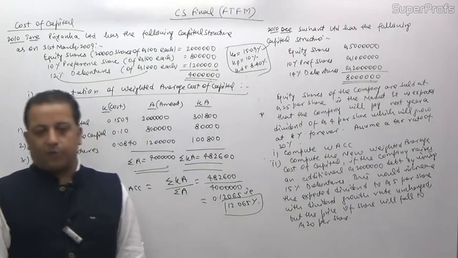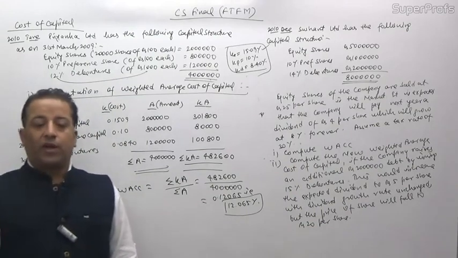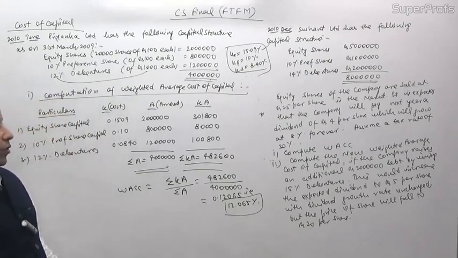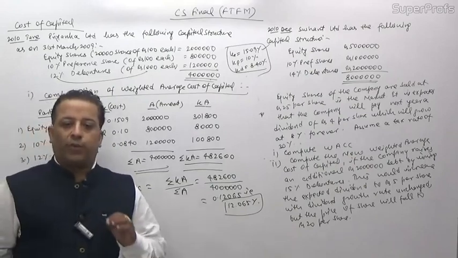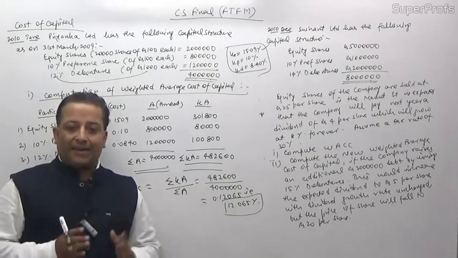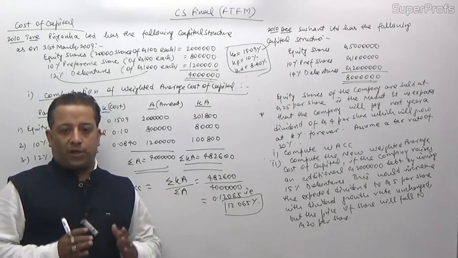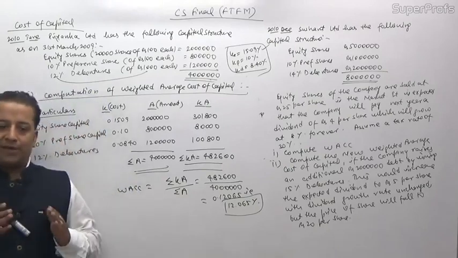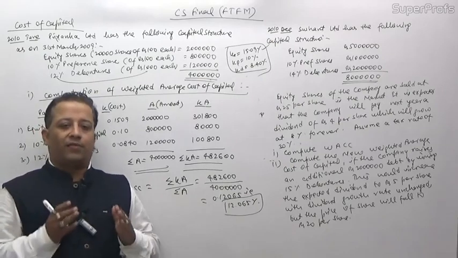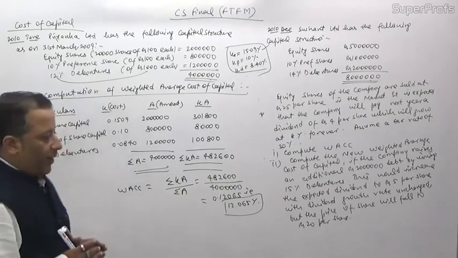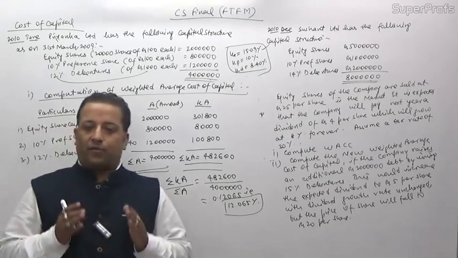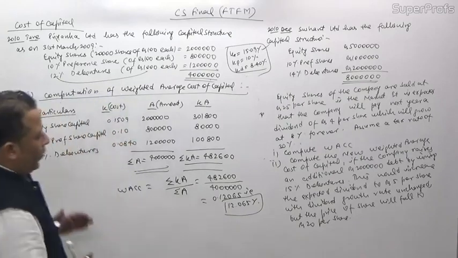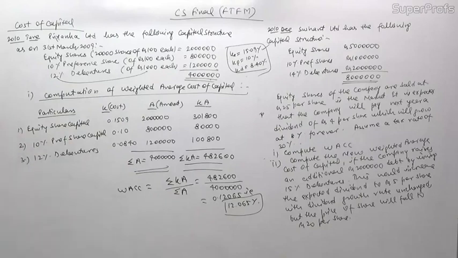The 15% is the rate of interest, and it will result in the next expected dividend growing from rupees 10 to rupees 12 per share, and the market price of equity share decreasing from rupees 110 to rupees 105. So I need to calculate the revised weighted average cost of capital. First of all, please note down point number 1.